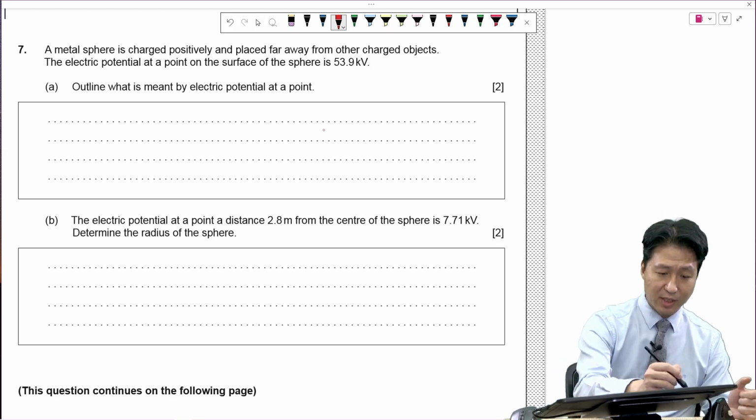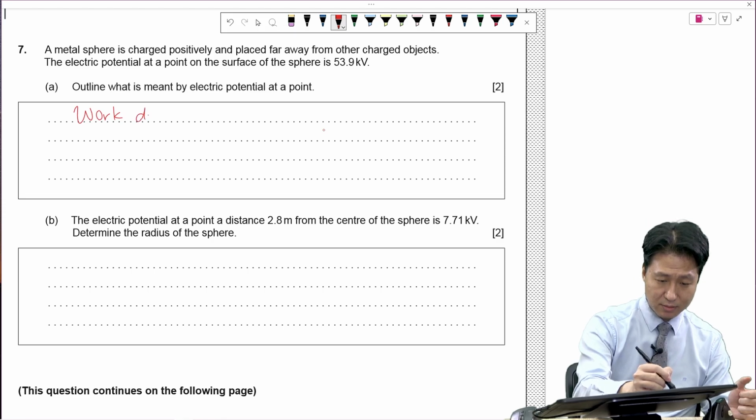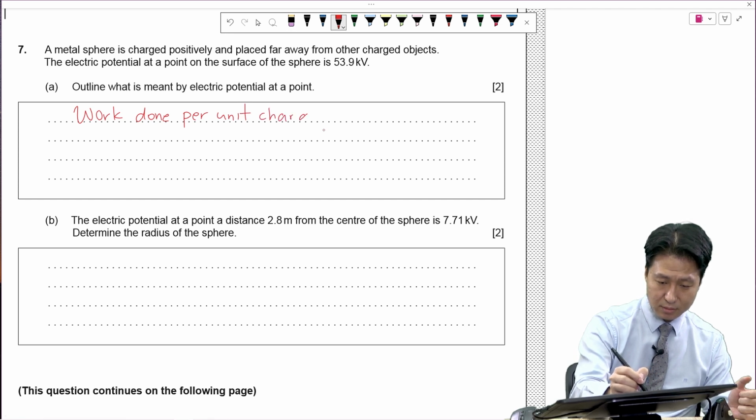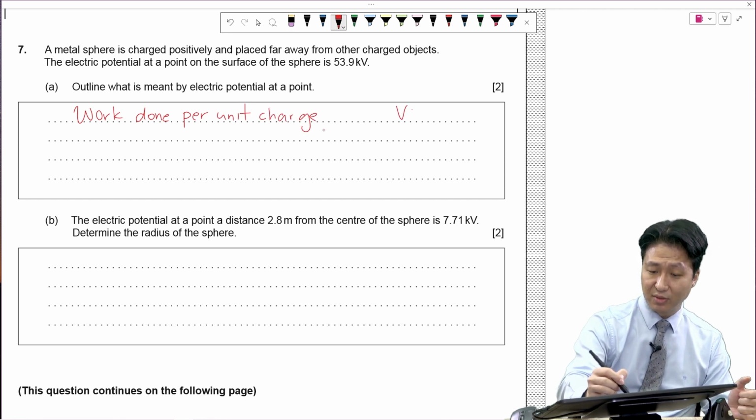So, it is the work done per unit charge, and you get this from the definition of potential, work per charge.